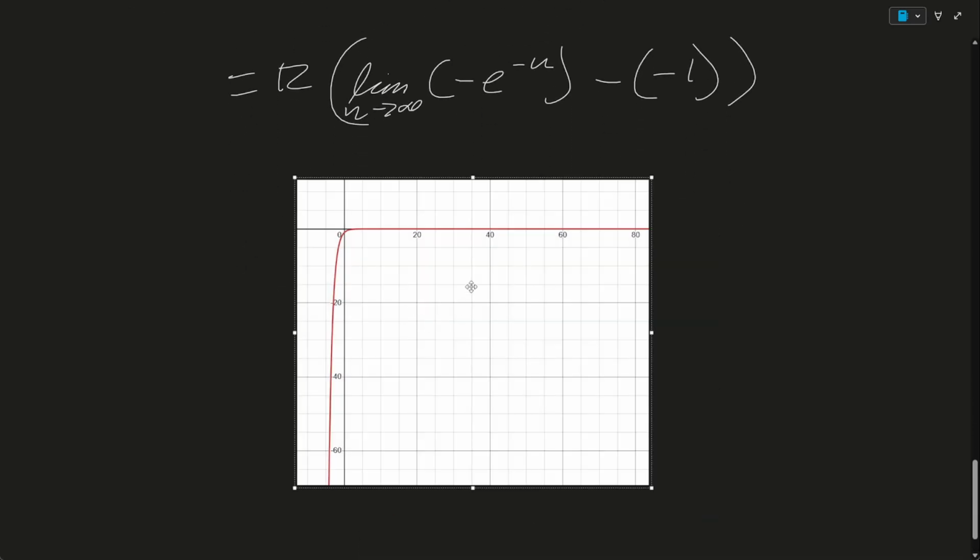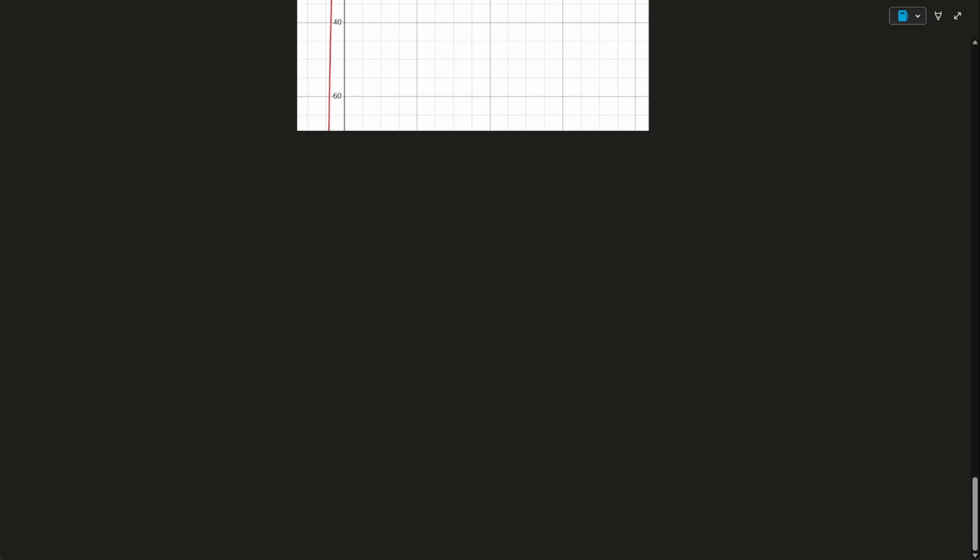That is our graph. So yeah, fairly obviously, this is then going to limit to 0. You can see there it pretty much stays along 0 for most of its existence. And so we are left with this being equal to pi times 0 minus 1.